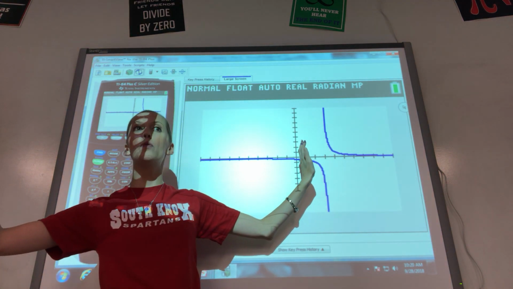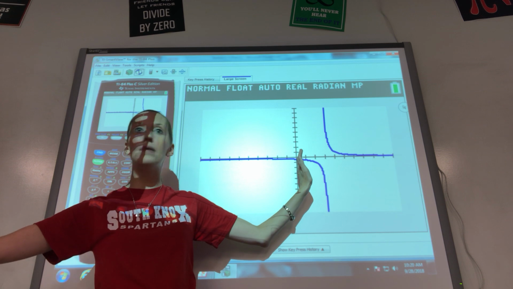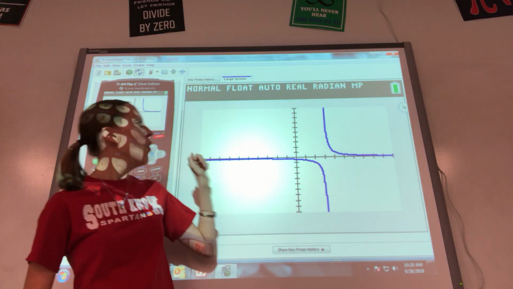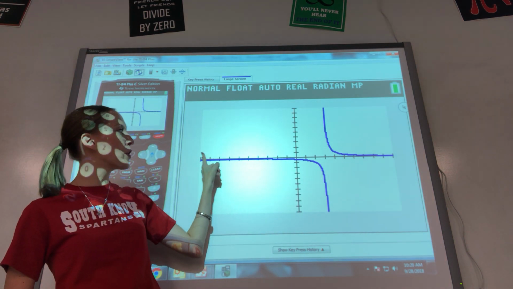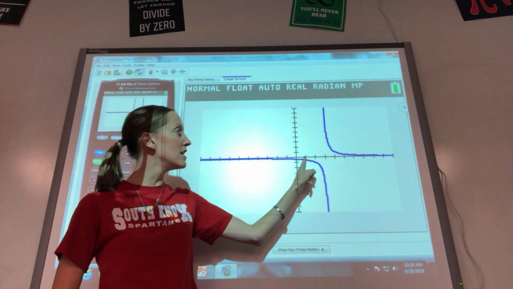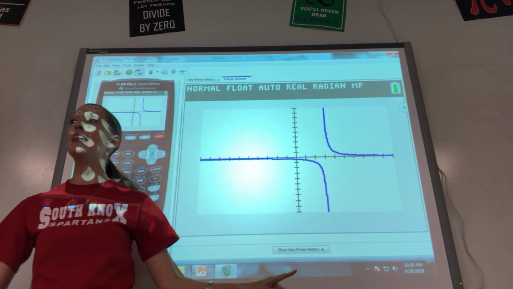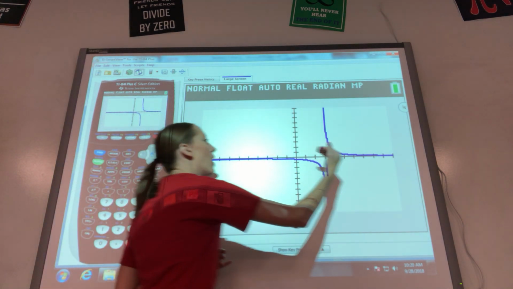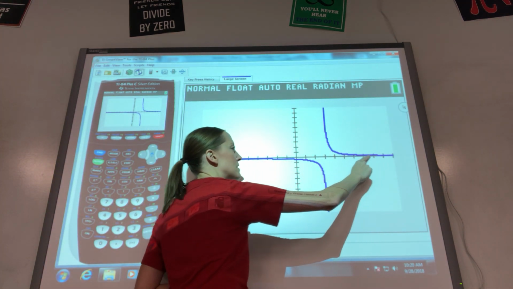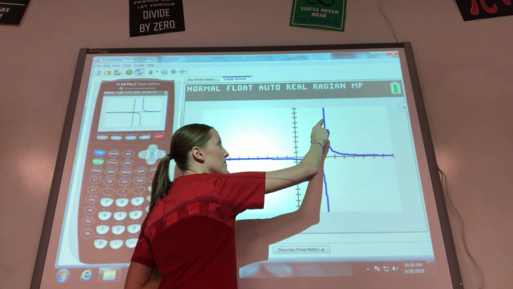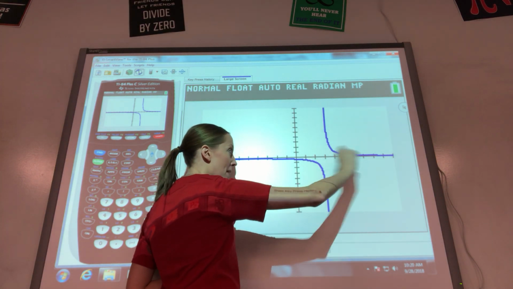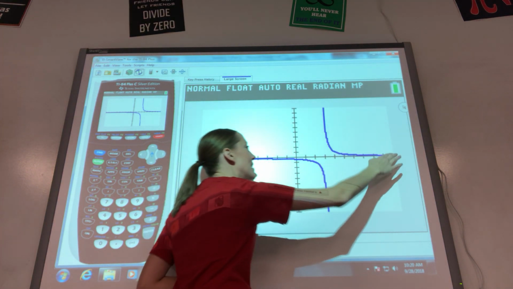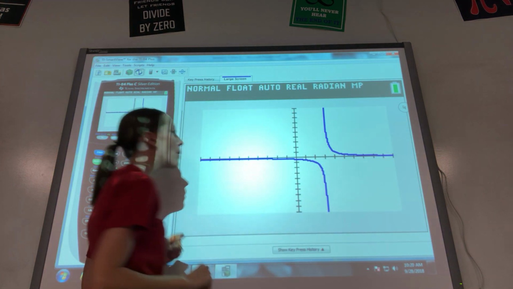The first thing I was supposed to find was the limit coming in from the left. What is the limit as x approaches 3 from the left? Negative infinity, because that's what it's going toward. And then what is the limit as x approaches 3 from the right? Positive infinity, because it's increasing without bound.